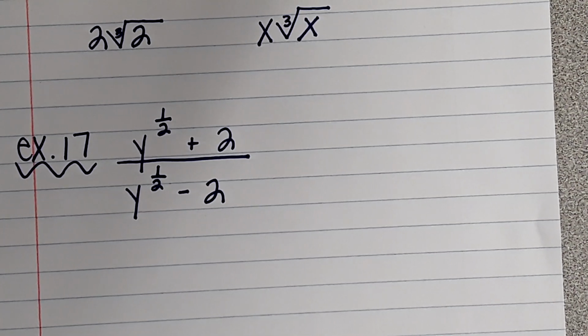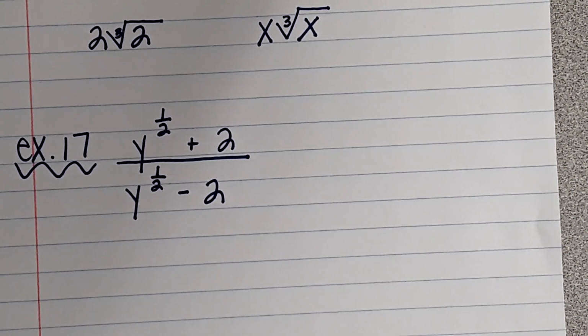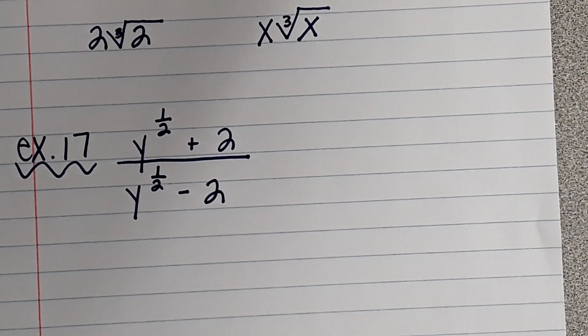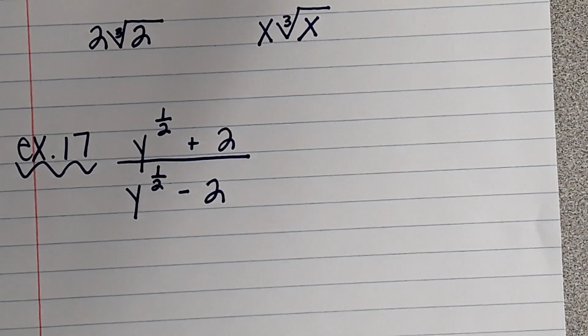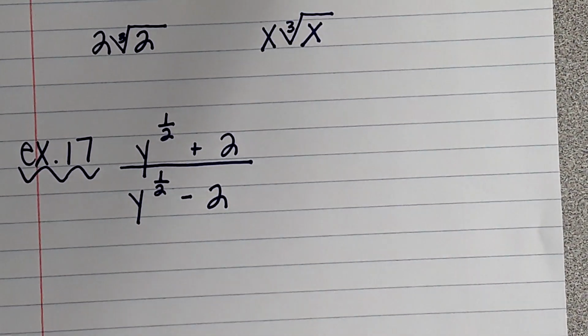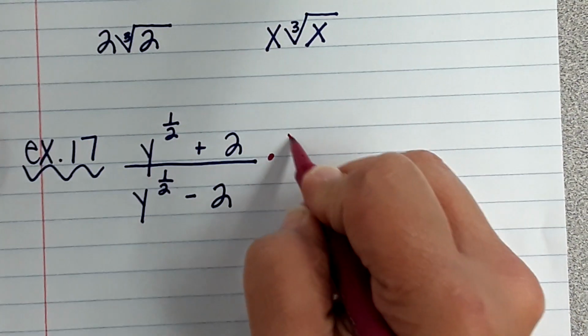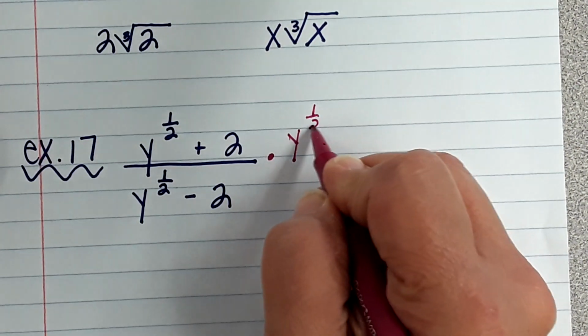What do you think we have to multiply the denominator by? What's that word that we've been talking about anytime we try to get rid of something in the denominator? Conjugate. Okay, so what is the conjugate of y to the 1/2 minus 2? Y to the 1/2 plus 2. Yep. Y to the 1/2 plus 2.